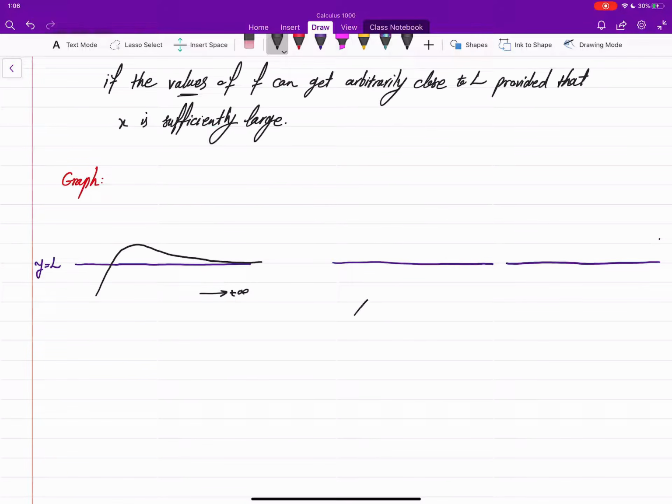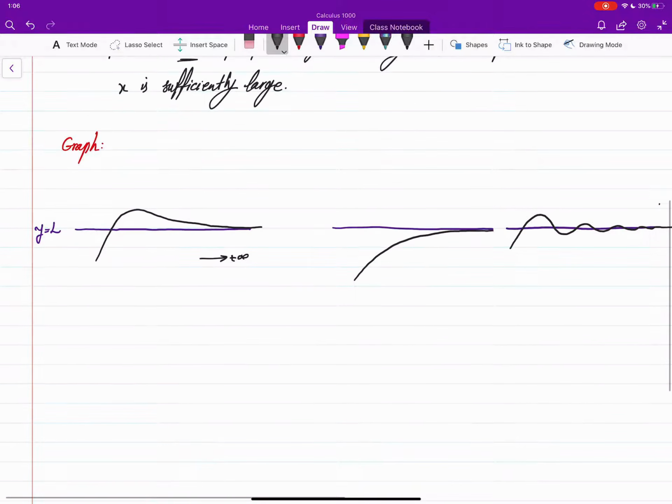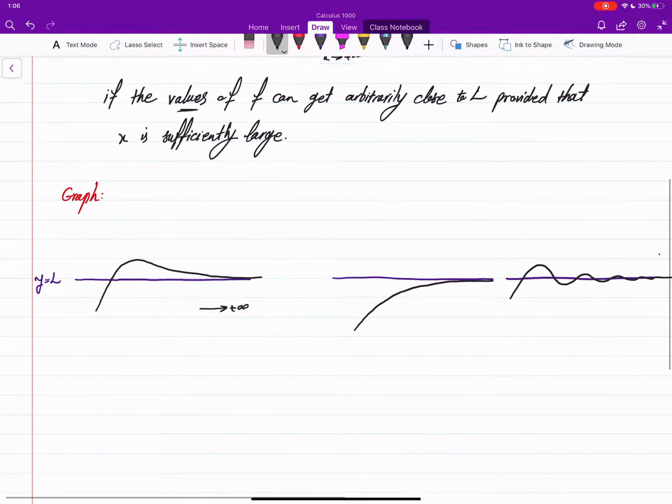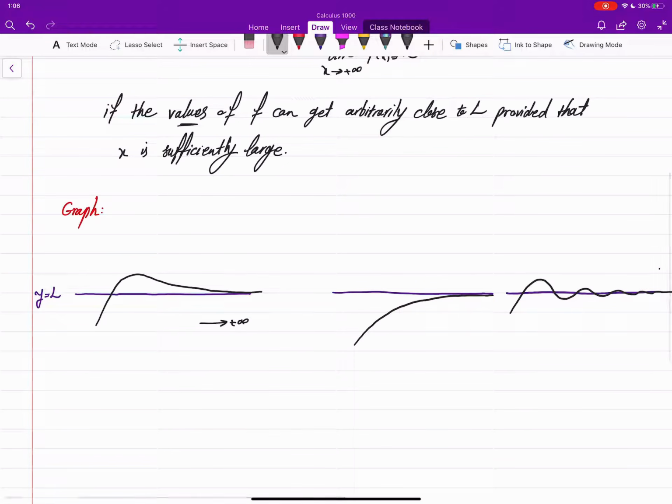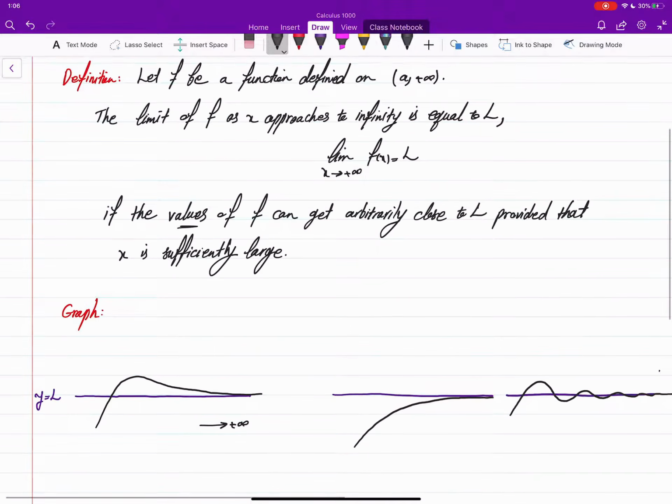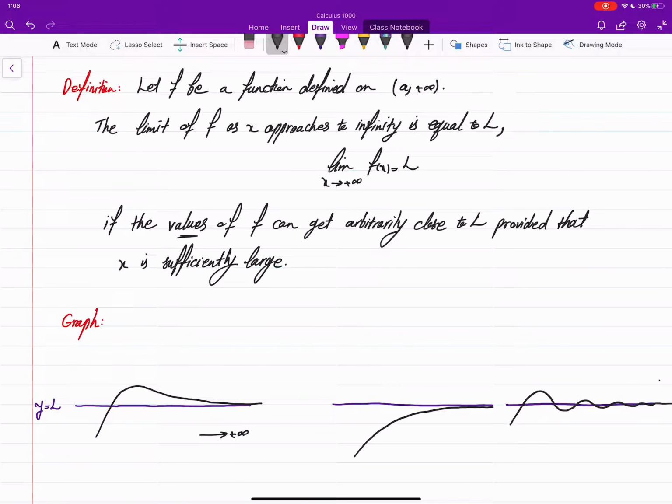Or something like this. Or this is something that usually people ignore: it can intersect the line y equal to L. But the point is that as we move to the right, it gets closer and closer. This is the definition of the limit of the function as x goes to plus infinity.